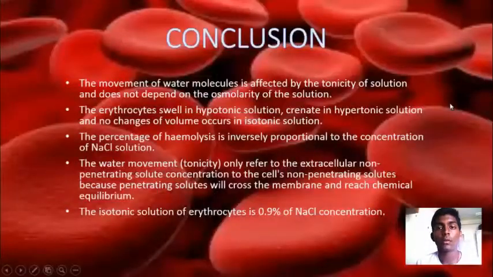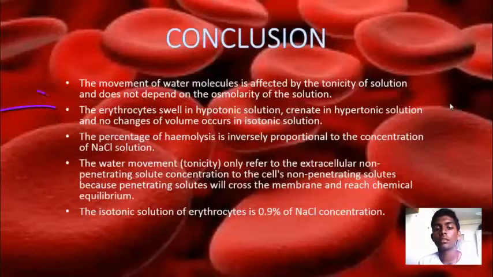What we can conclude from the experiment is that the movement of water molecules is affected by the tonicity of the solution and does not depend on the osmolarity of the solution. The erythrocytes swell in hypotonic solution, crenate in hypertonic solution, and no change of volume occurs in isotonic solution. The percentage of hemolysis is inversely proportional to the concentration of sodium chloride solution.